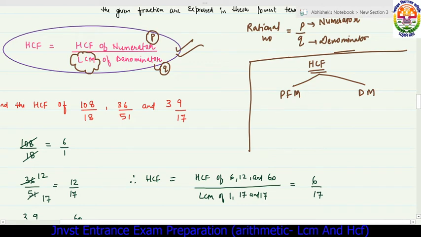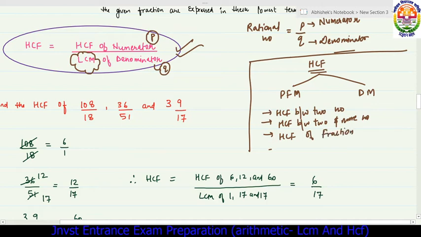In the HCF we learned to find the HCF between two numbers, between two or more numbers, HCF of decimals, and HCF of fractions, which we will talk about later because in the fraction portion we will learn about the LCM.